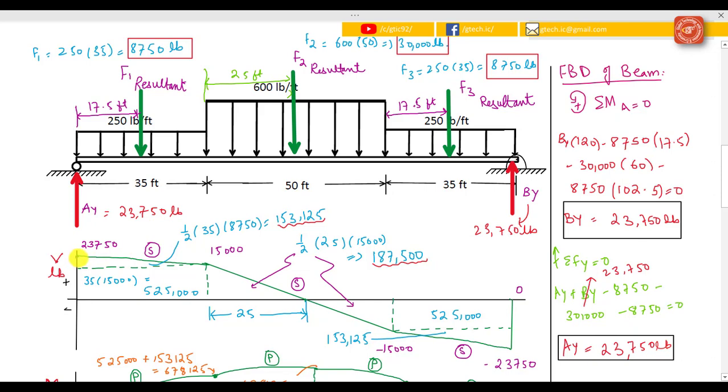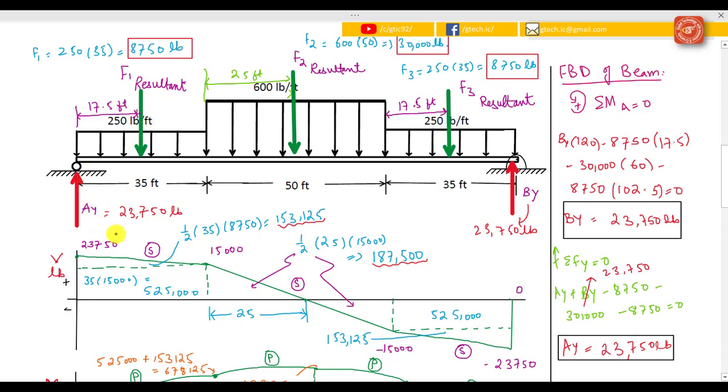Then you see the first resultant force is moving downward, and this force value is 8,750 pounds. Simply, the calculation of the starting point of the shear force diagram is this force minus this force. As this force is moving downward, this force would be negative, and this force is moving upward, so this force would be positive.